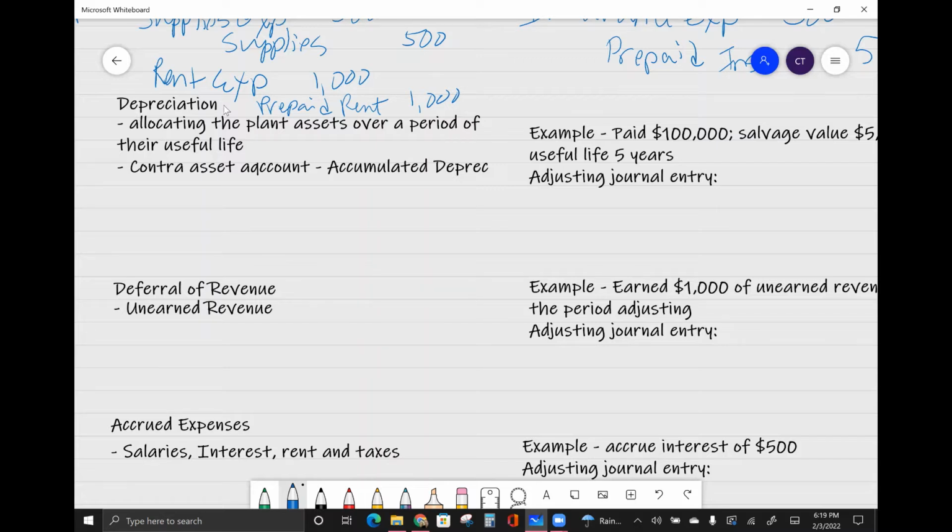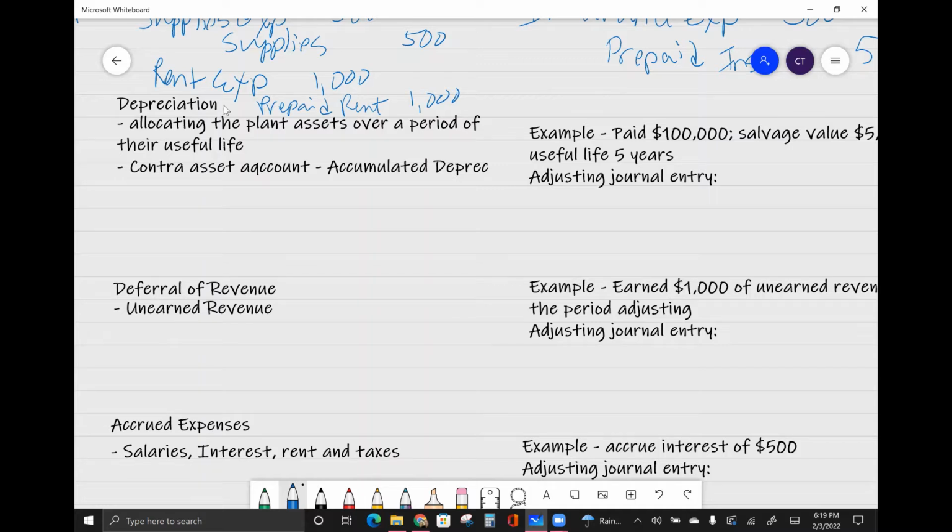And then we have something called a contra asset account. Not sure if y'all remember that term, contra asset. What it means is it's just the opposite of what the asset normally is. So for depreciation of equipment, we're not going to touch our asset accounts.